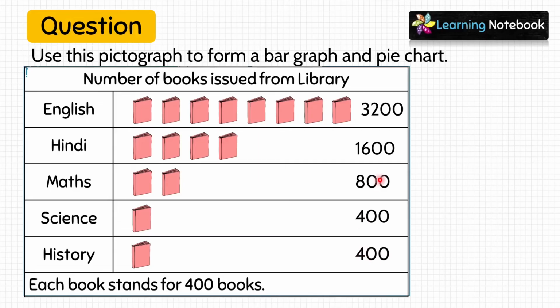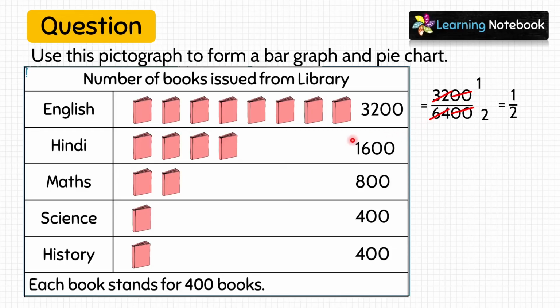Now, first let's find fraction of English books. Number of English books are 3200. So, fraction of English books equals to 3200 divided by 6400. Simplify it and we get the fraction as 1/2.